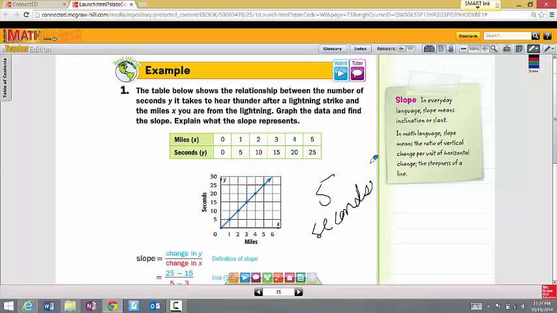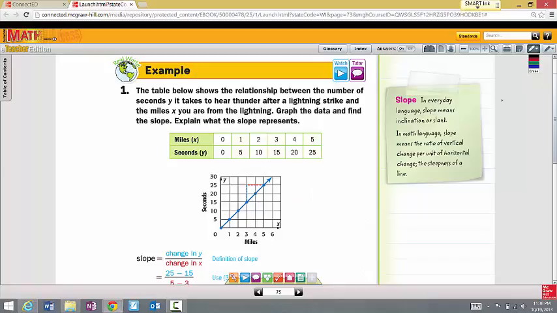Because it's 5/1, for every 5 seconds, it is 1 mile away. The lightning is 1 mile away. For every 5 seconds you hear between the lightning strike and the thunder, it's 1 mile away. That's what that means.